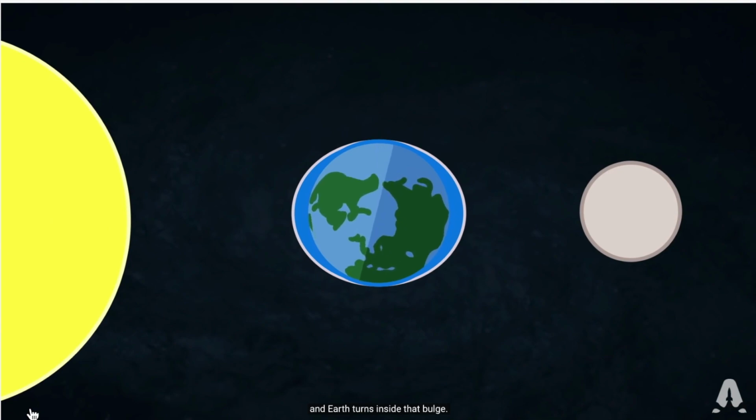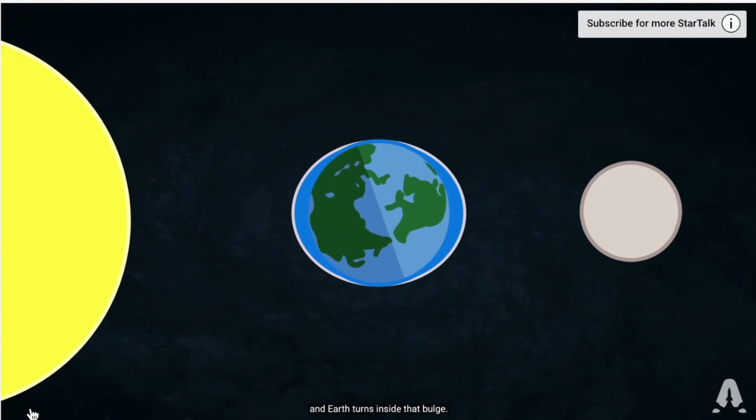And Earth turns inside that bulge. So when we say the water rises and falls tidally, what's happening is we are rotating into the bulge and then out of the bulge. So the bulge is already there. And all we kind of do is pass through the bulge, and the water gets high and it gets low.